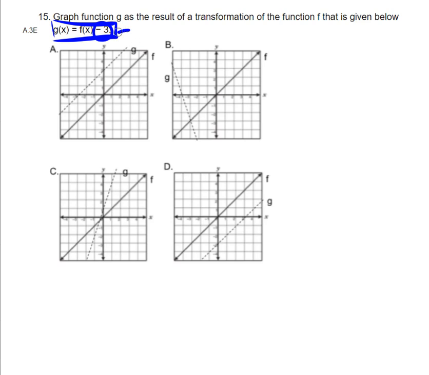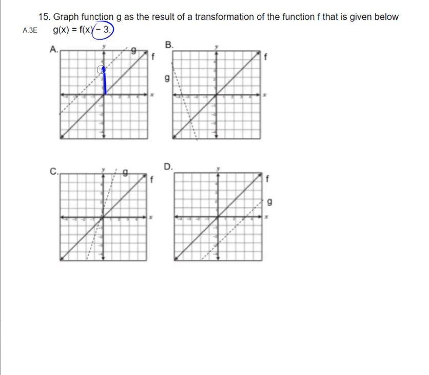Now, once again, because we have that minus 3 there, that tells me that I'm doing a vertical transformation where I change the y-intercept by making it go down 3. So I'm going to look for one where f, the parent function that we're used to, y is equal to x, I want it to go down 3.